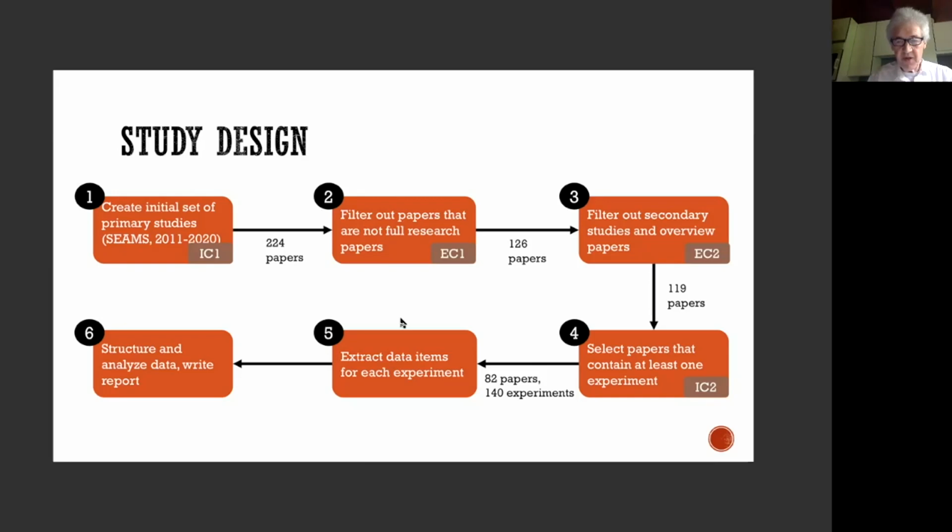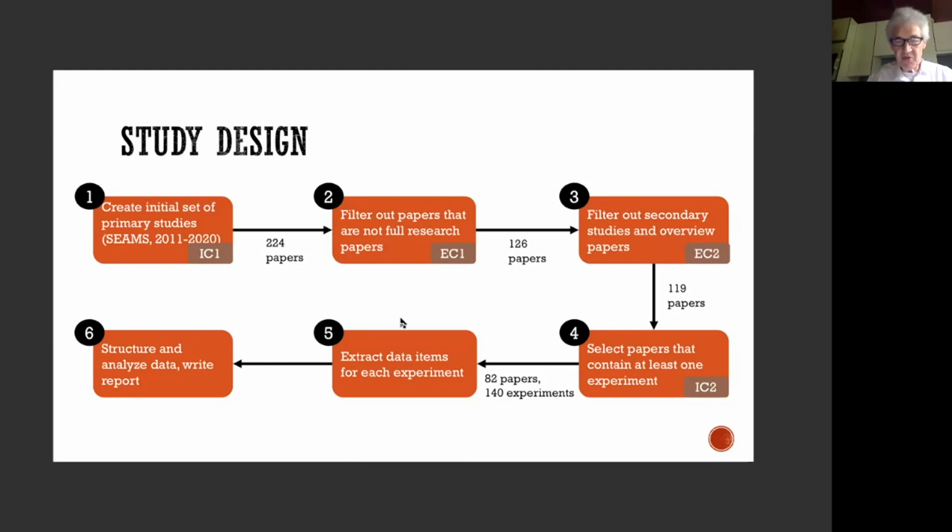These papers were then studied more in depth, and we looked at whether these papers report at least one experiment. Those that did were included, the rest was excluded, so that left us 82 papers with in total 140 experiments.